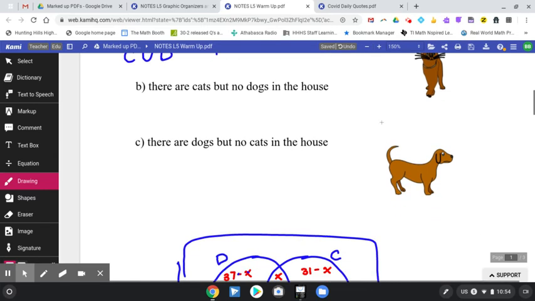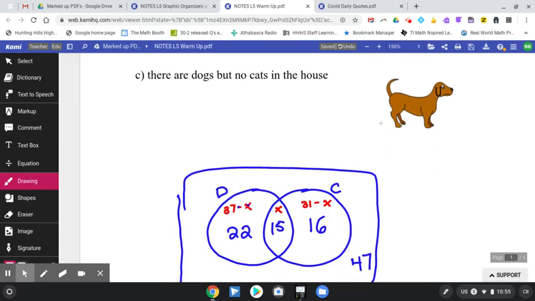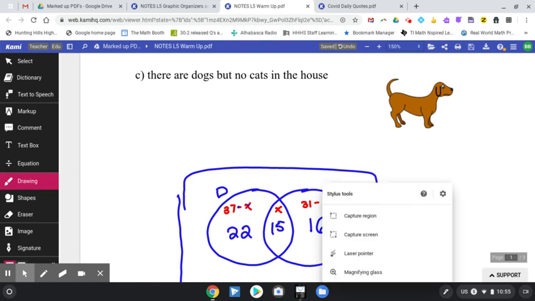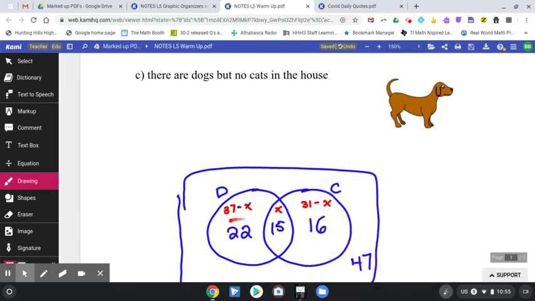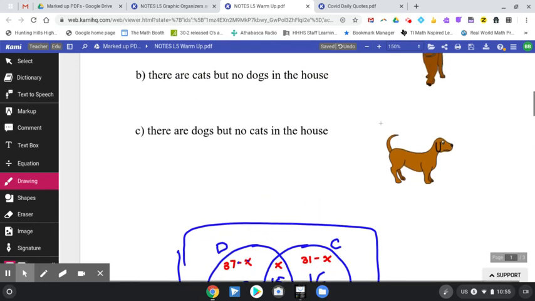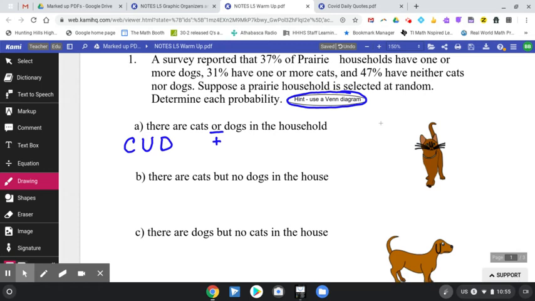And union meant that we added up all the numbers. So I'm going to add up all the numbers that are in those two sets. So 22 plus 15 plus 16, exactly like we used to do when we had an or question with a Venn diagram. So I do 22 plus 15 plus 16, and I get 53.